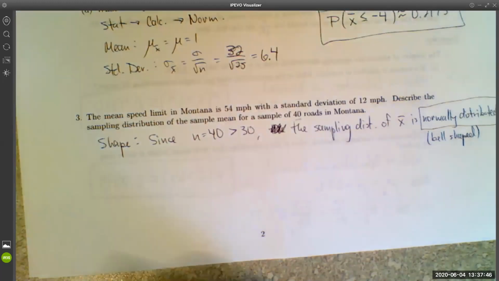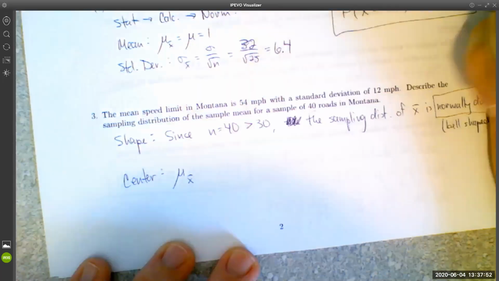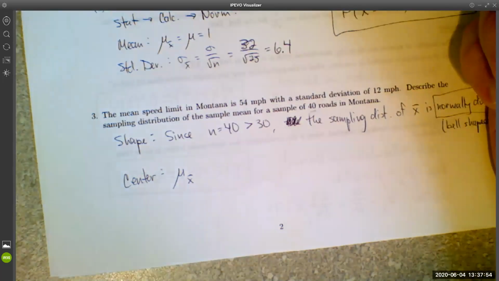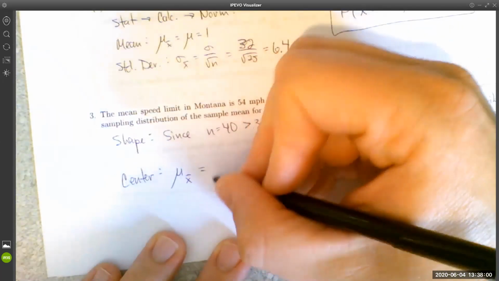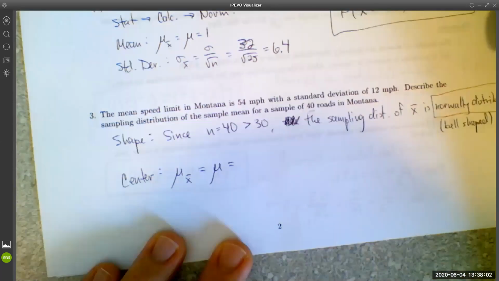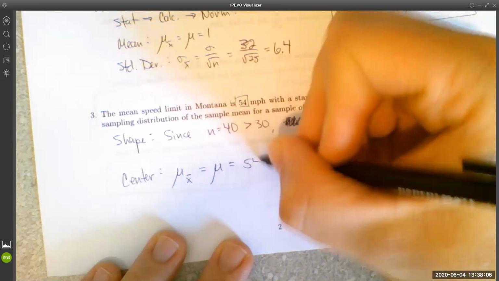Okay, so that's the shape. The center of the distribution is the mean of the sample means. So again, if you made a distribution of all the possible sample means, what's the average of those sample means? Well, it's going to be the same as the population mean. And the population mean, we're told, is 54 miles per hour. So there's the center of the distribution.